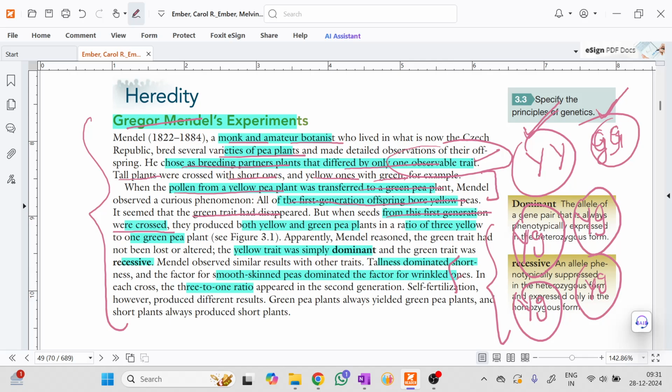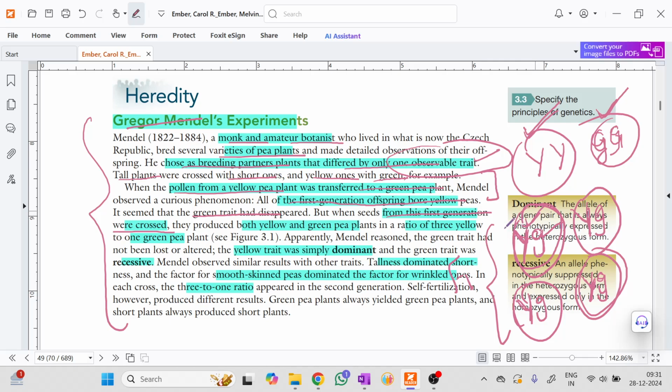And these first generation plants were all heterozygous, in which yellow was dominant and green was recessive. Dominant is written in a capital letter, recessive in a small letter. So this alteration of letter itself shows that the capital one is the dominant one.